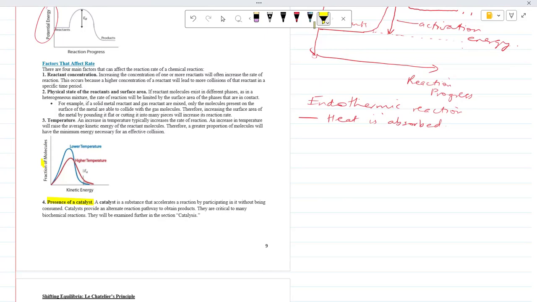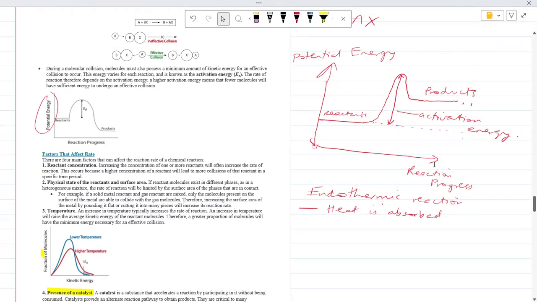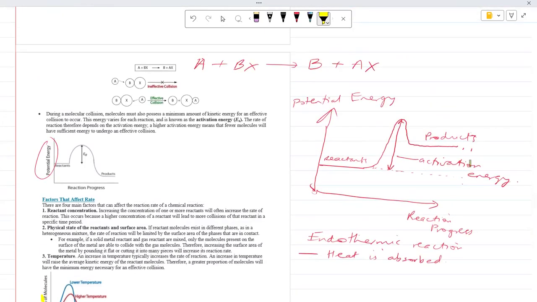Basically, what the catalyst is doing is that it lowers the activation energy. If we go back to our diagram here, this will be without a catalyst. As we add a catalyst, the reaction is going to look like this. The activation energy will be lowered.